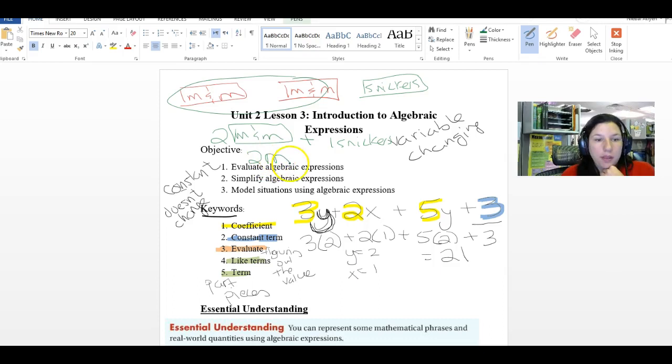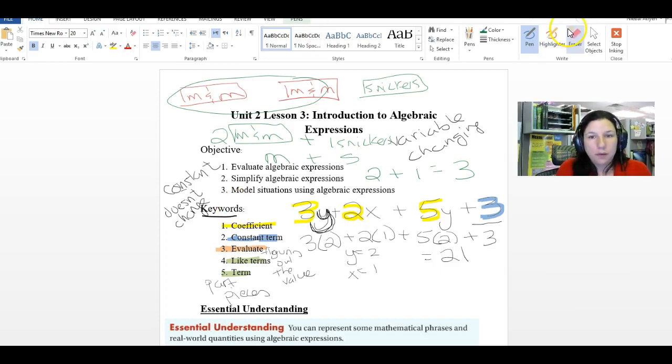So let's say the M&Ms are represented by an M and the Snickers are represented by an S. And if you knew how many you had of each one and you wanted to evaluate it, you would say, I have 2 M's and 1 S, so I have 3 pieces of candy. But the terms are the separate parts after you've put together the things that are the same.